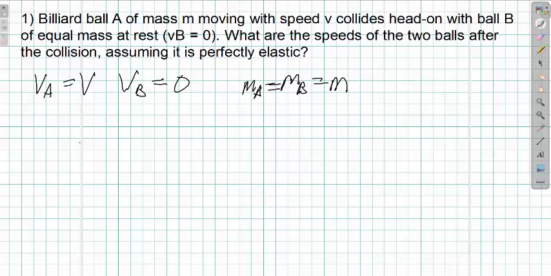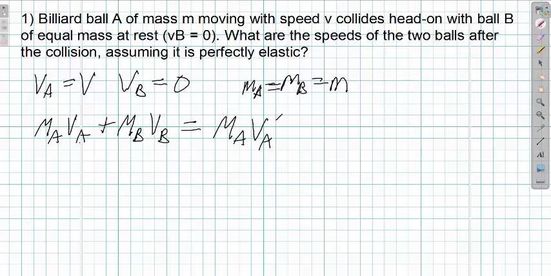So we know our terms before, mass A, velocity A, plus mass B, velocity B, equal our terms after, mass A, velocity A prime, plus mass B, velocity B prime.